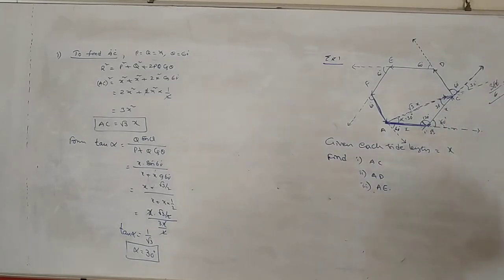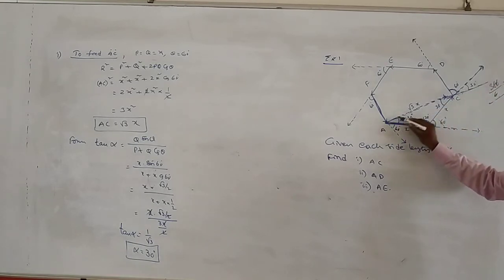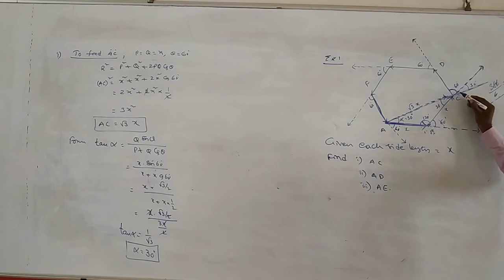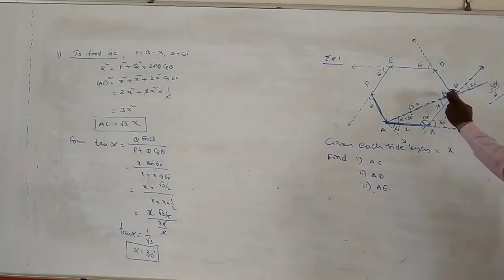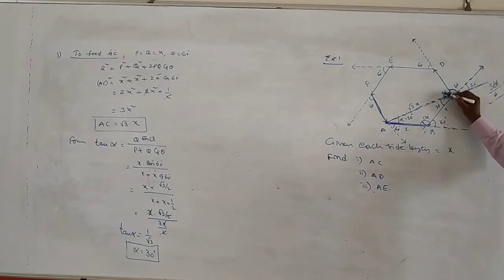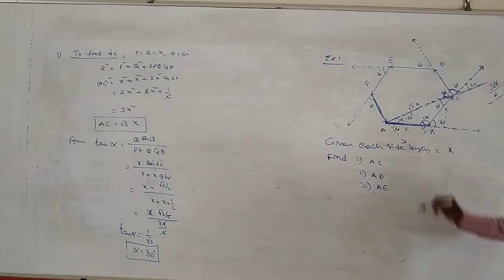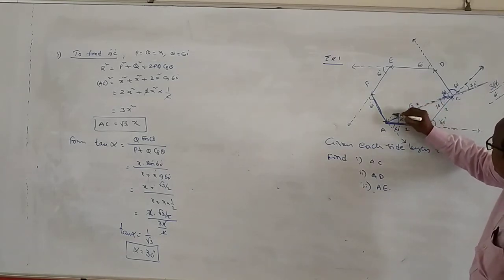Okay? So it is 30, it is 60, total is 90. Then this angle is also equal to 90, because 90 plus 90 equals 180. This is 90 degrees.